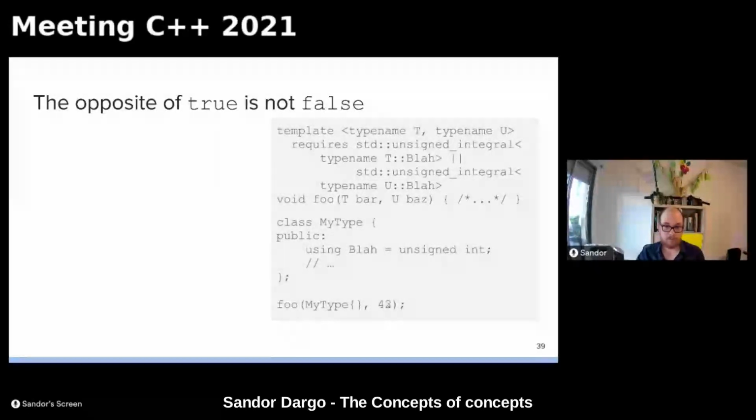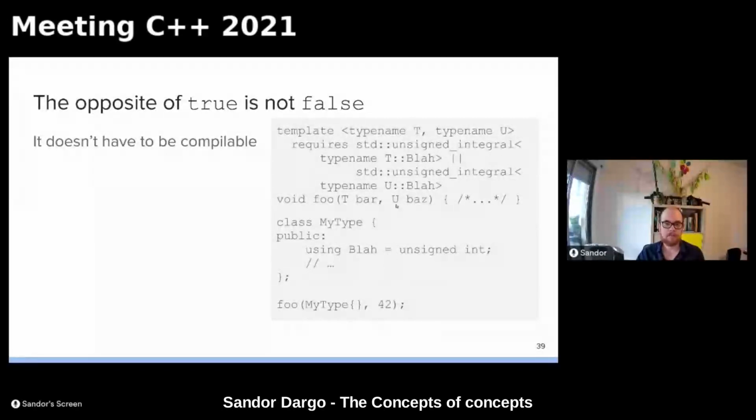And we pass also 42, a plain integer, to this compile. It compiles because whatever you put here in the requires clause, it doesn't have to be compilable. So when you pass in my type, well, it does have a blah, which is an unsigned integral.